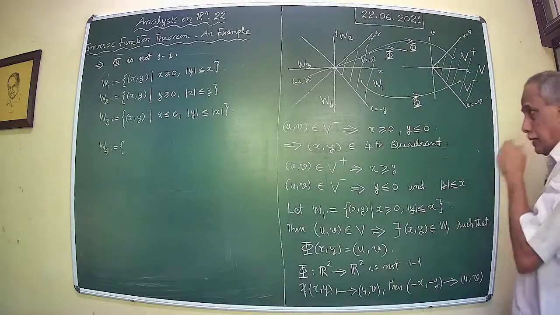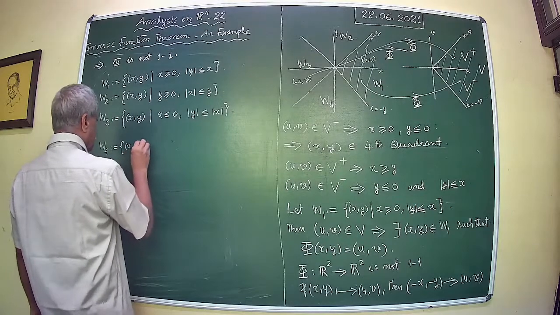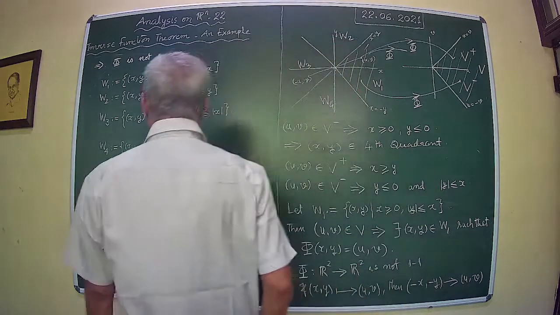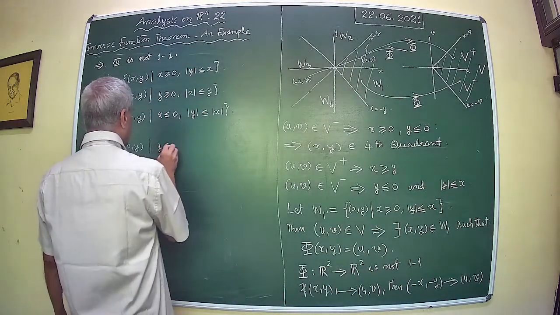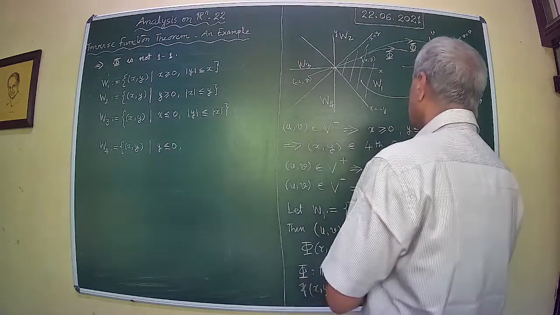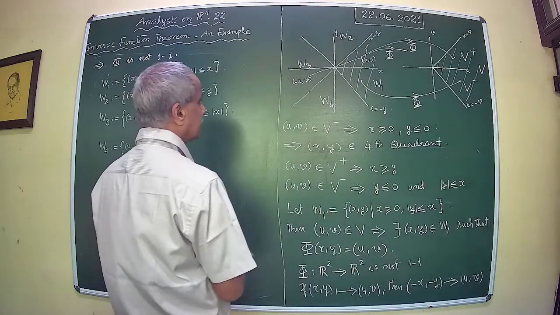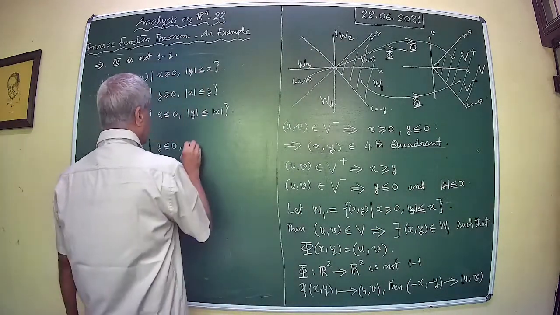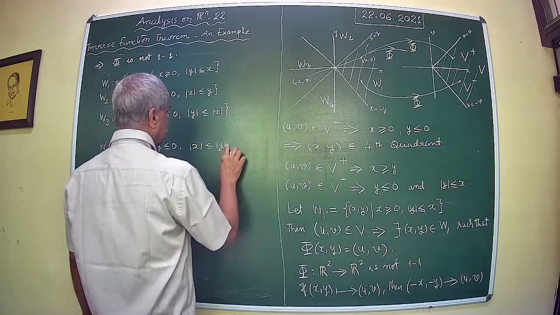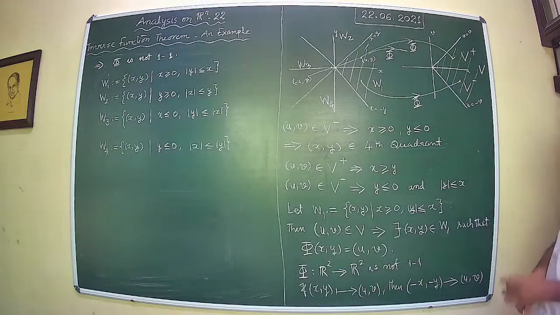W4 is such that y is negative, and what you have is mod x. These are the four regions that you have: W1, W2, W3, W4.